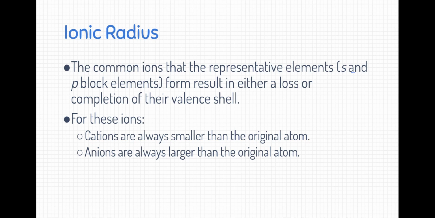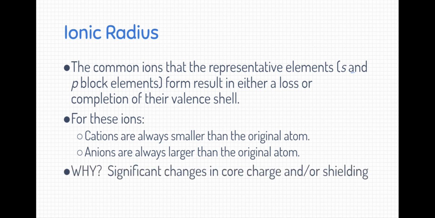If an atom gains electrons and that results in a completion of their outer valence shell, that will result in a significantly larger ion than the original atom. Now that might seem obvious, but it has nothing to do with just adding electrons and the electrons taking up space. It all has to do with the forces within the atom. Specifically, changes in core charge or shielding.